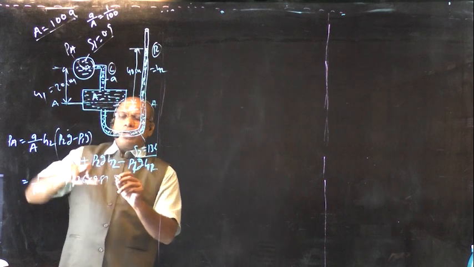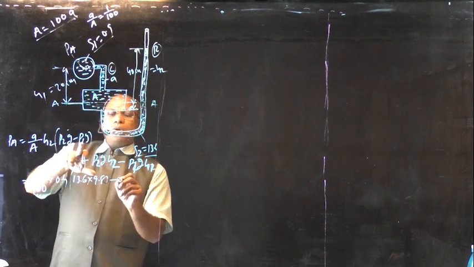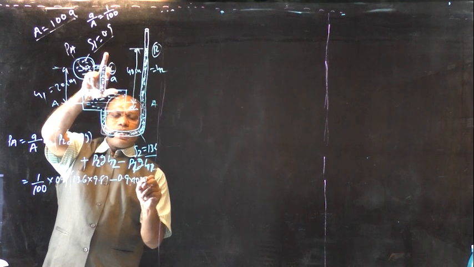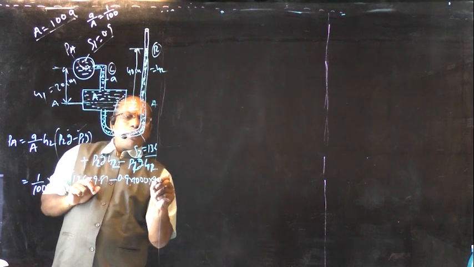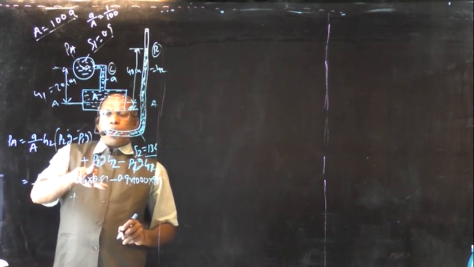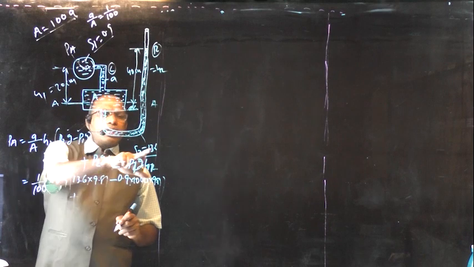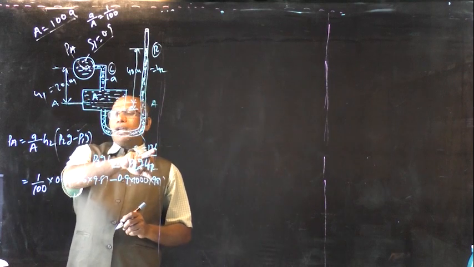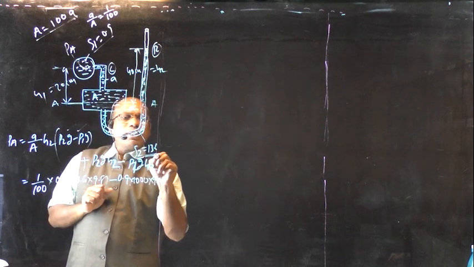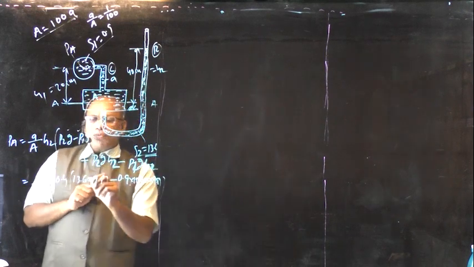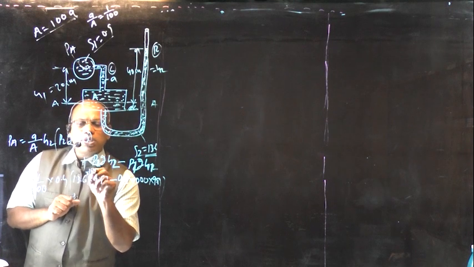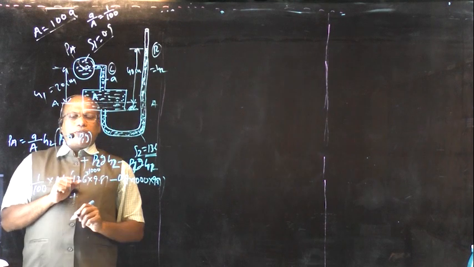Therefore, density of the flowing liquid is equal to specific gravity of the flowing liquid into density of the standard liquid into 9.81, plus rho, the density of the manometer liquid. Here also, specific gravity of the manometer liquid is 13.6, so density of the manometer liquid is 13.6 into 1000, the density of the standard liquid.